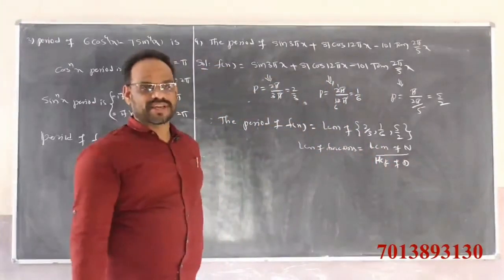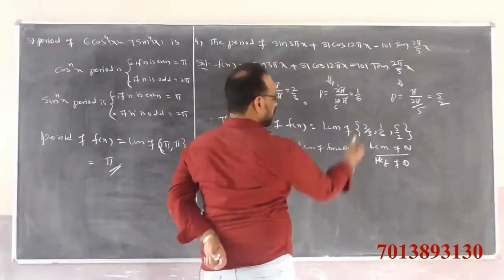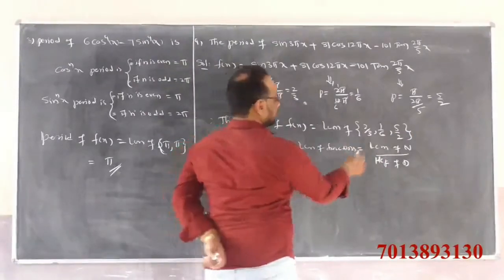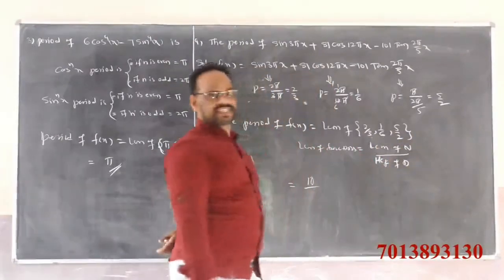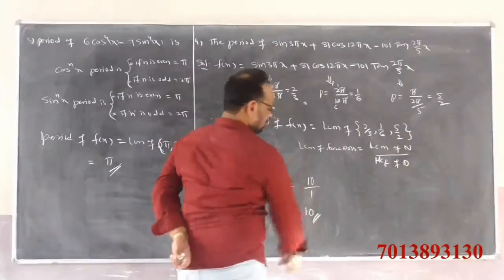That is the period we want. That is LCM of 2, 1, 5, clearly 10. HCF of 3, 6, 2, the highest common factor, is 1. So we get 10 is the answer.